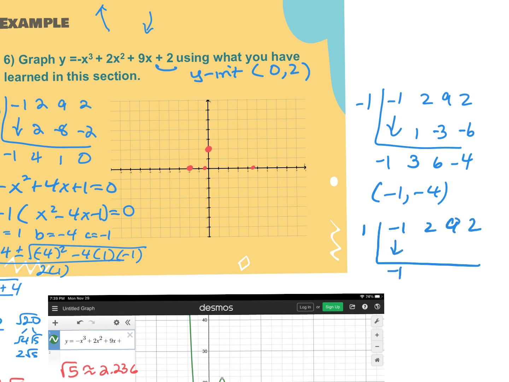Bring down, multiply, add the column, multiply, add the column, multiply, add the column. So the ordered pair I'm going to graph over here is 1, 12. So let me come on over here and add these points to my graph.